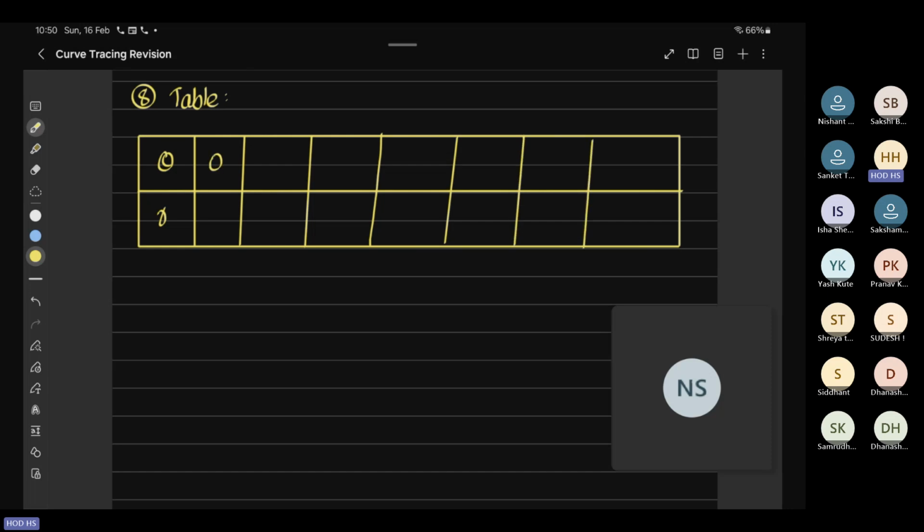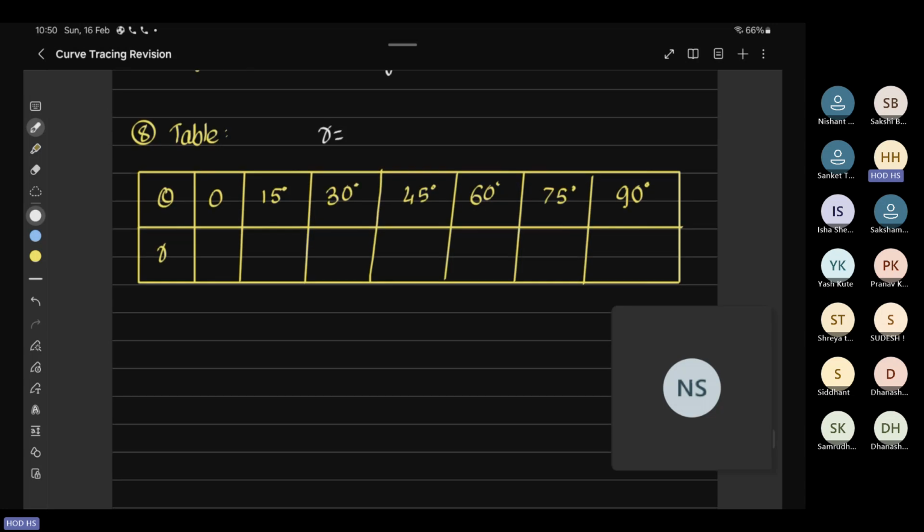So I will start with 0. I will go for 15 degree, 30 degree, 45 degree, 60 degrees, 75 degree, and finally 90 degree. I'll go for these values. The table for r is equal to a cos 2 theta.